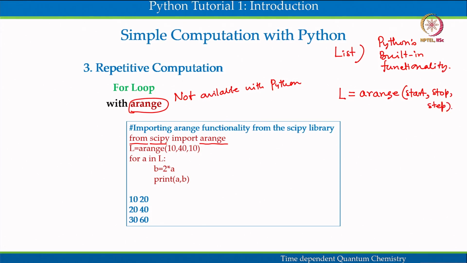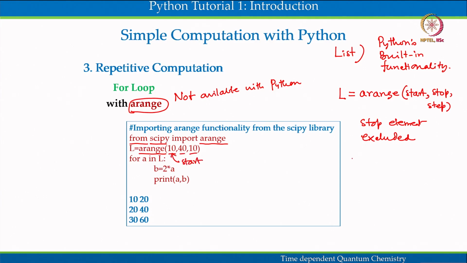This is what we have written. But we have to remember, when it's preparing the list, it includes all the elements except for stop. So the stop element is excluded in the list. So let's look at this. L equals arange 10, 40, 10. What does it mean? This is the starting point.